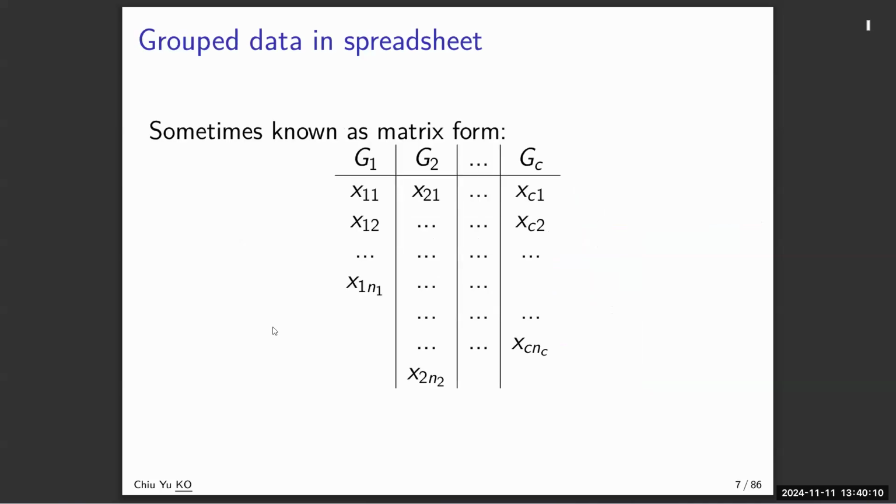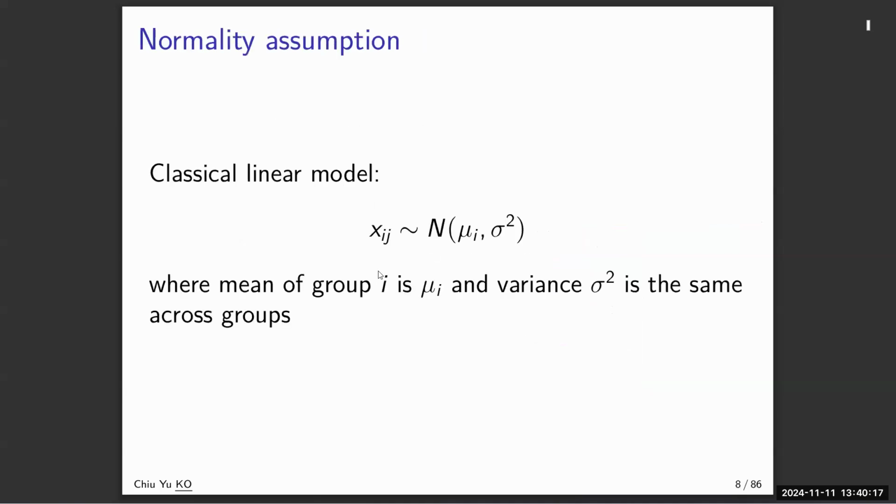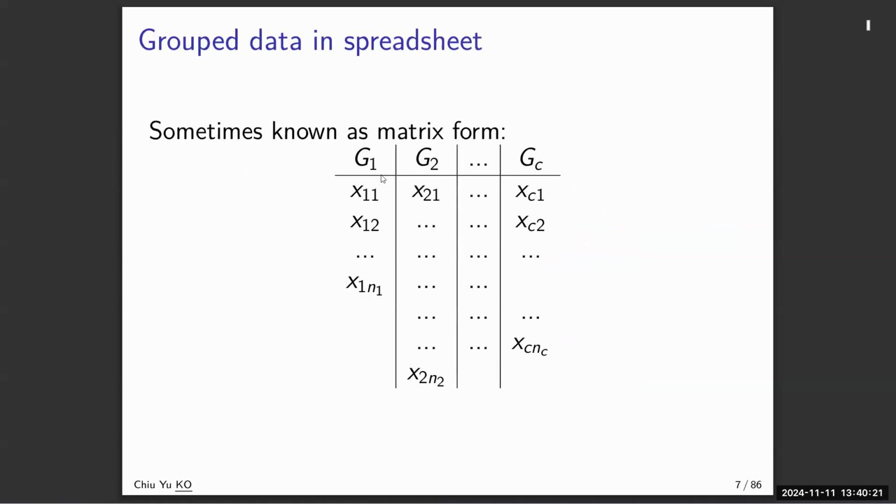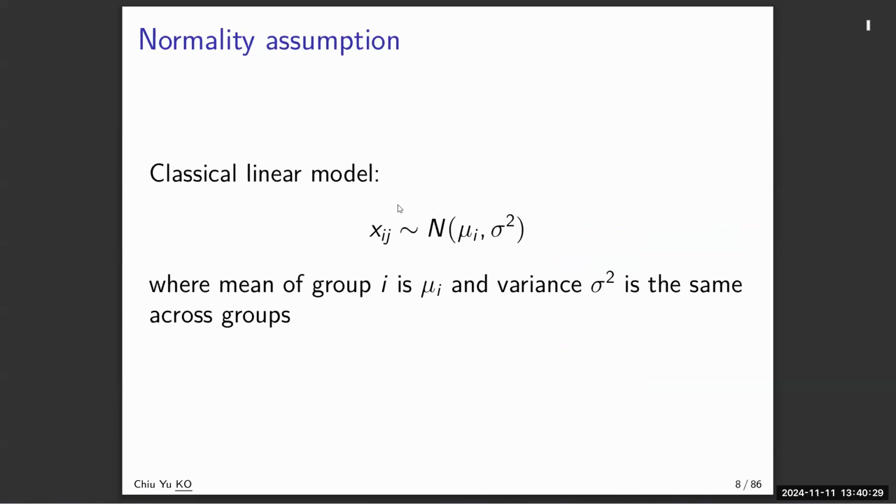Now, once we have that, this is the matrix form we set. We've just seen it. There are different groups. Here we are trying to understand whether the population mean for each group is the same or not. The main idea, classically, is to assume they're all bell curves, coming from the same kind of bell curve but with different means.